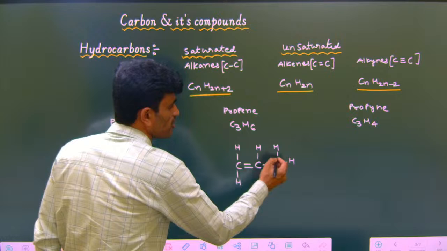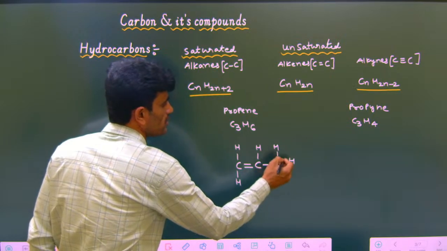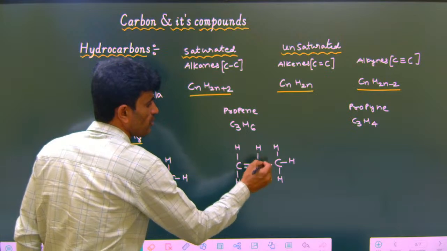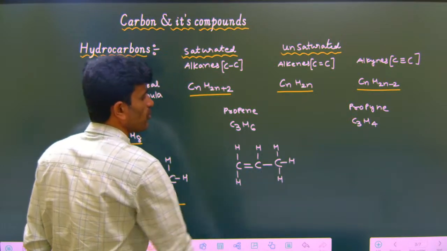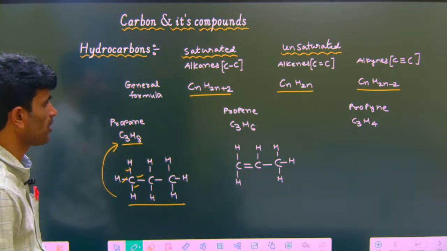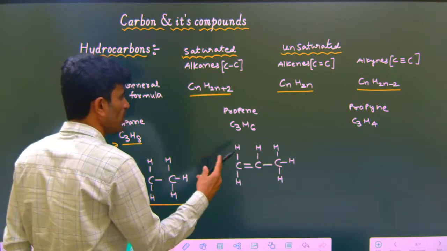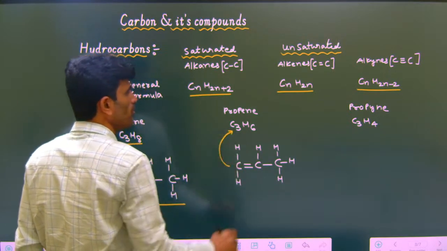For the last carbon also we have 4 bonds. So first carbon 4 bonds, second carbon 4 bonds, third carbon also 4 bonds. If you count the hydrogens, you have 6 hydrogens and 3 carbons. So this is the structure of propene.